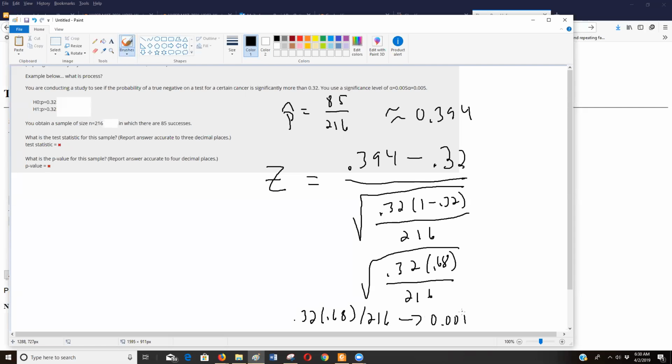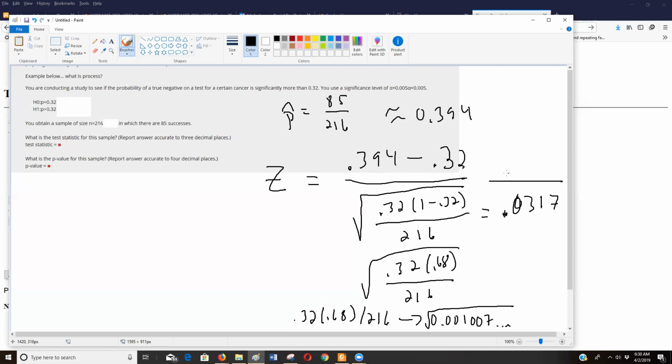I won't write down the rest of the decimals. I'm just going to let my calculator carry that. Then I need to take the square root of that. So I got a standard deviation, for the denominator, of 0.0317. The secret of these proportions when you calculate them by hand is don't round too soon. I might be writing down that decimal, but I'm going to let my calculator carry the full thing.